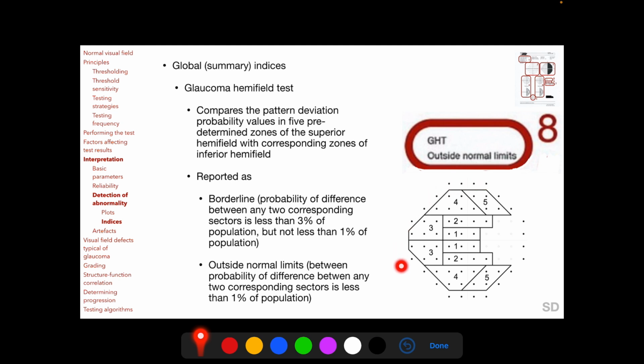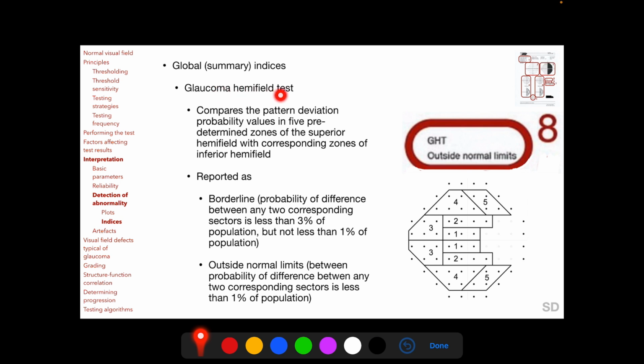So in the pattern deviation probability plot, it compares 5 zones with its corresponding 5 zones in the other hemifield. But this figure is not given in the test report. And we have to remember that the glaucoma hemifield test is not derived from the grayscale map, although the report of the glaucoma hemifield test is located immediately below the grayscale map.